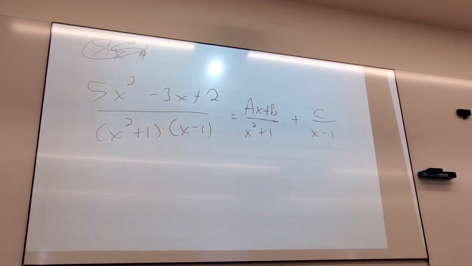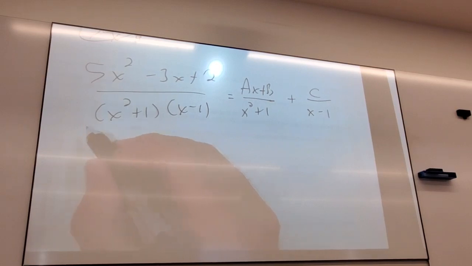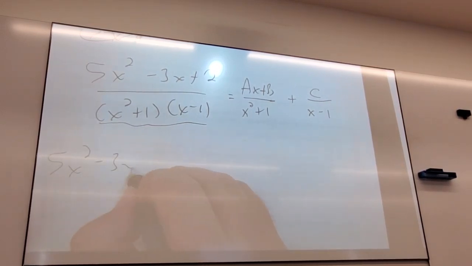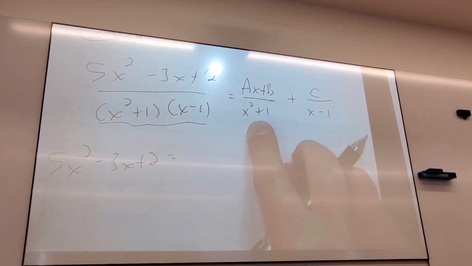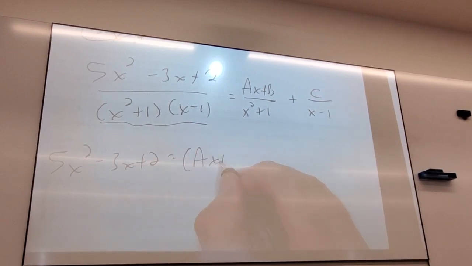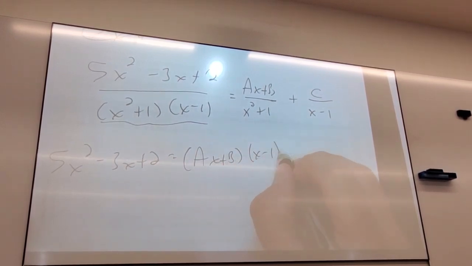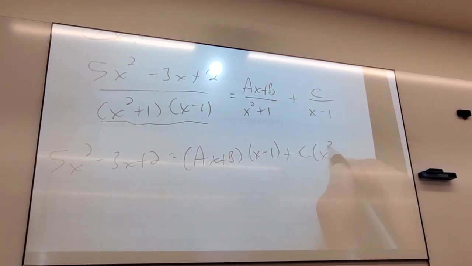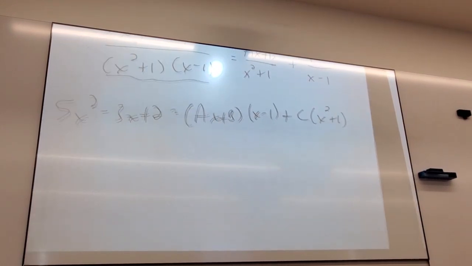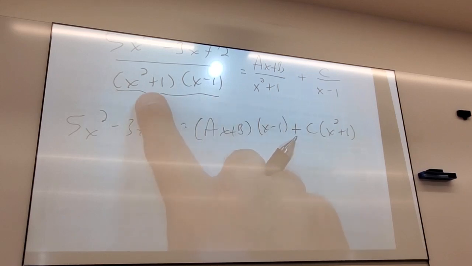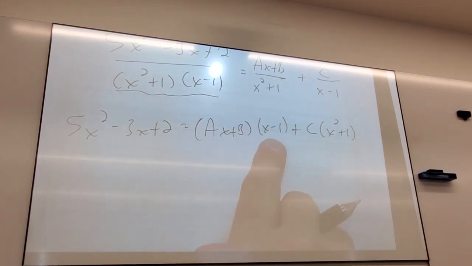So what's the first step here? We'll take the LCD and multiply it. Yeah, so multiply both sides by these. Here's the shortcut. Whatever's on the bottom already is going to cancel, so it's just going to pick up the other one. So if I multiply by this, these will cancel and it'll pick this up.